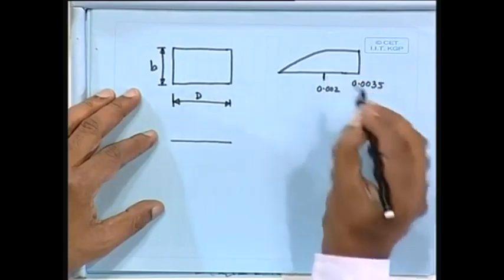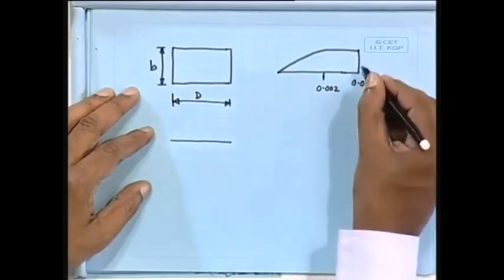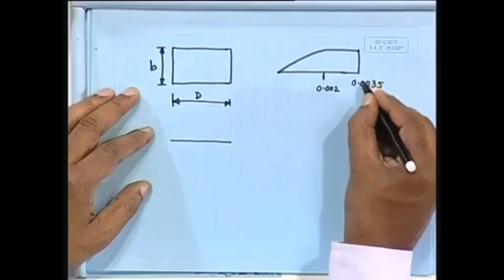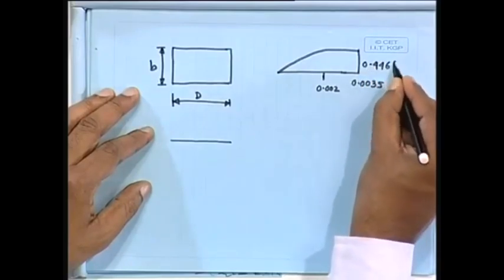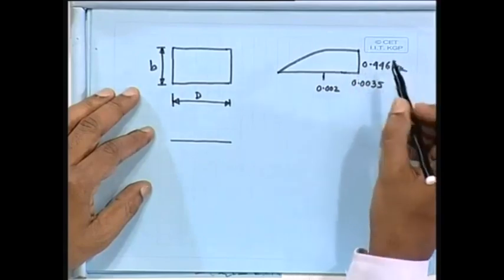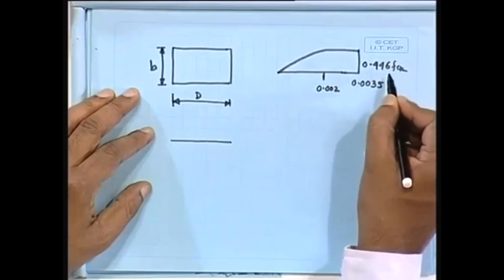I repeat once more, this is very, very important. So this is your stress, and this is 0.446 fck, after the material and all other partial safety factors, we can get 0.446 fck.